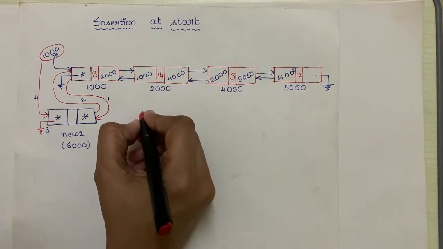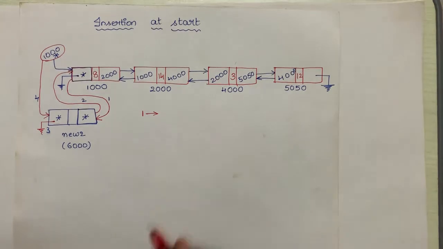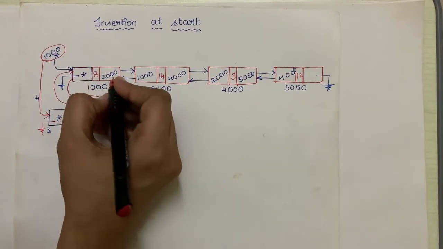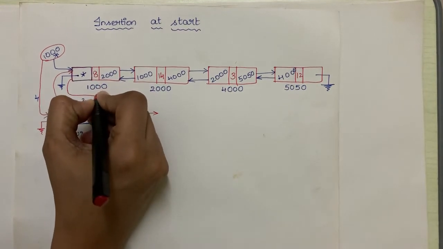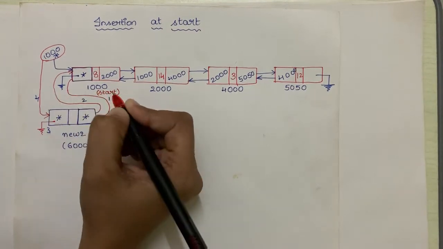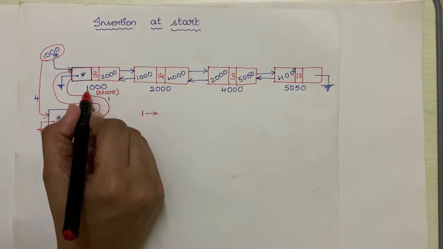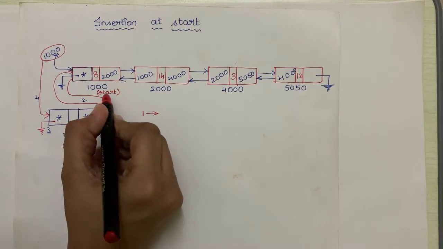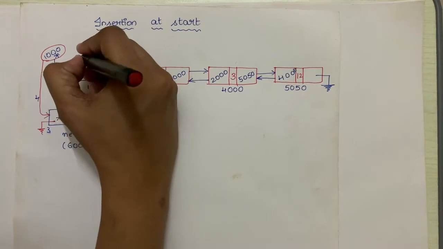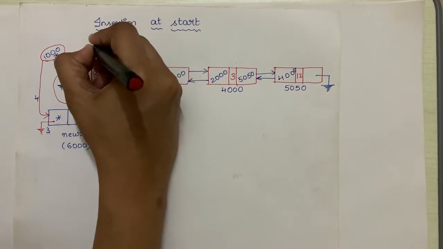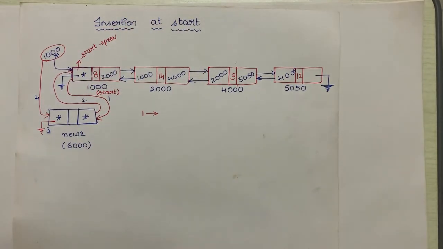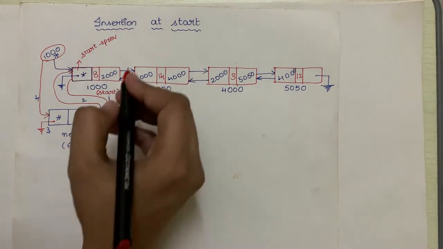Let us write the first star mark statement. Now coming to the naming convention, as we all know, the starting node name is start. This will be declared in our program. If the name of 1000 is start, what will be the name of the previous field of the start? It will be start previous. For naming convention, you can check out the description box.